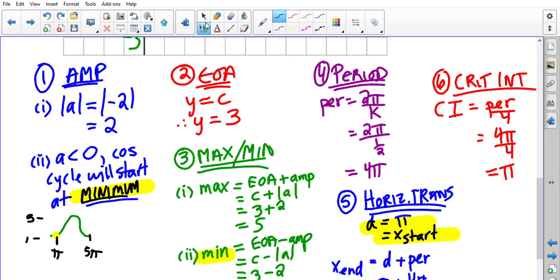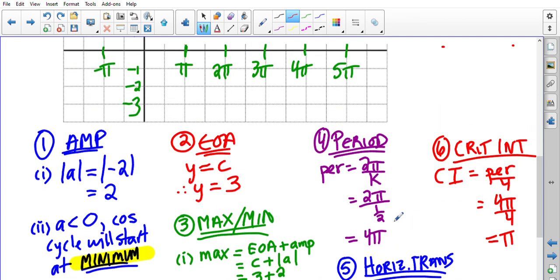So every pi units from here, I'm going to move pi over and reach my next key point. Another pi over, next key point. Pi over, key point, and then pi over, and I end up where I want to be. Those distances are all going to be pi.